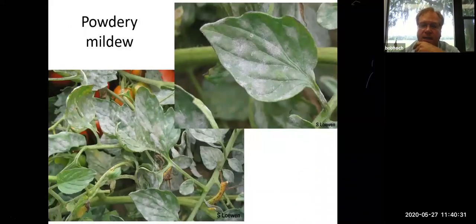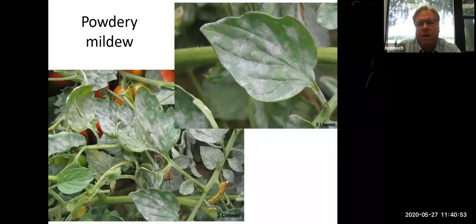We also can see powdery mildew. It's a relatively new development in a lot of this area. Again, it's probably something that's more prevalent in the greenhouse. We don't oftentimes see powdery mildew out in the garden outside. But if you have a greenhouse and you're growing tomatoes, this is one that could be a problem there.